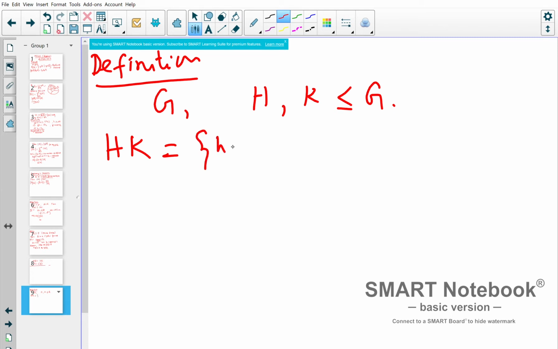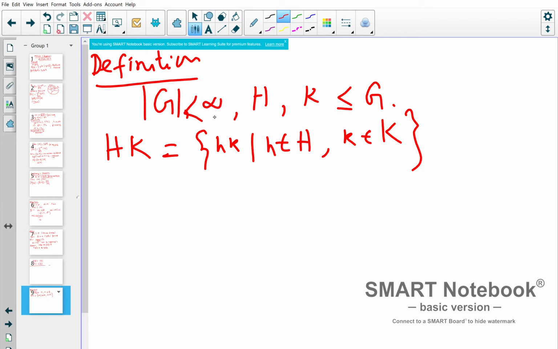By definition, it is the set of small h, small k, such that small h belongs to capital H and small k belongs to capital K. Okay, this is the set. And now you ask how big is this set? I'm assuming that this is finite. If it is finite, then only you will get this nice identity.